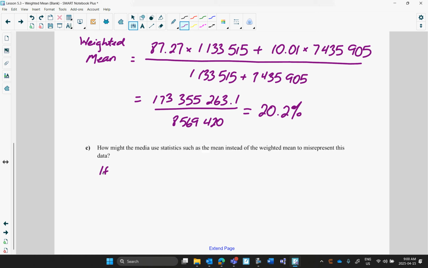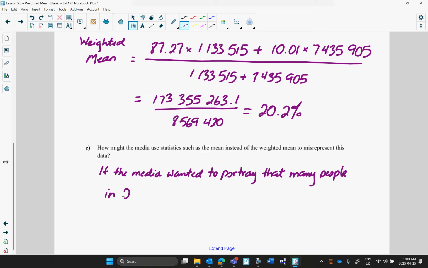So if the media wanted to portray that many people in Quebec and Manitoba spoke English, they would use that first value.